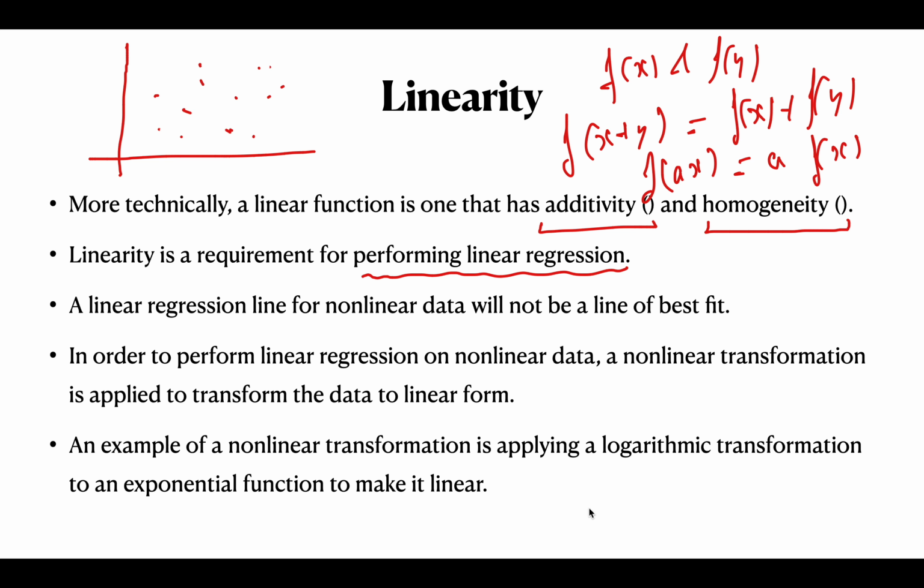The line of best fit says from where I should pass this line so that it most accurately represents my data. Of course there will be errors, like this data doesn't lie on this line, but this is just an estimation. We will study in linear regression how to get the line of best fit. Linear regression makes sense only if we have linear data. If our data is not linear, then linear regression doesn't make any sense.